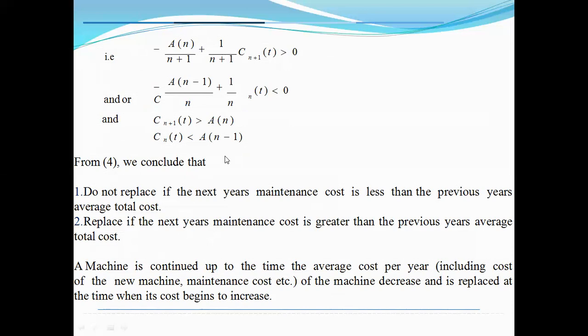Upon substituting these equations and simplifying, we obtain the following: minus A of n by n plus 1, plus 1 by n plus 1 of C n plus 1 of t is greater than 0. With the A of n factor, the A of n minus 1 factor and the n plus 1 factors considered, the cost C n plus 1 of t is greater than A of n, and obviously C n of t is less than A of n minus 1.